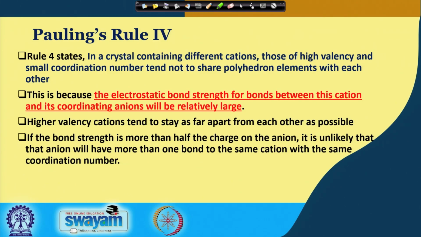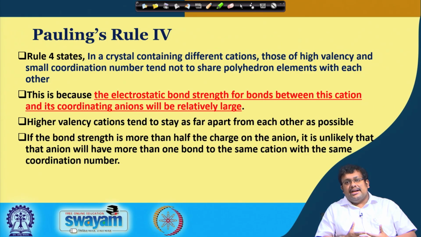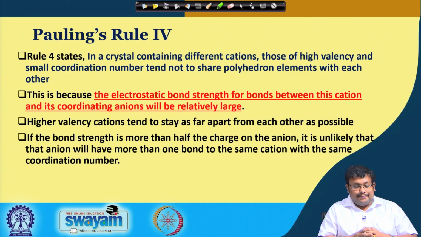Now, Pauling's rule 4. Pauling's rule 4 states that in a crystal containing different cations, those of high valency and small coordination number will basically tend not to share polyhedron elements with each other. So, basically this is because the electrostatic bond strength for bonds between this cation and these coordinated anions will be relatively large.